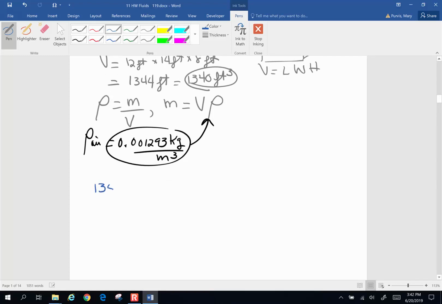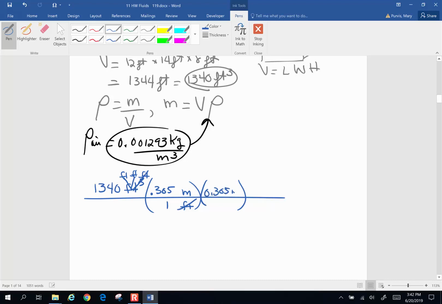So 1340 feet cubed, and we're going to get rid of feet, keep meters. There's 0.305 meters in a foot. That's going, and feet cubed means there's 3 of them: feet times feet times feet. This is going to get rid of 1. How do I get rid of the others? Do it again. 0.305 meters in 1 foot and 0.305 meters in 1 foot.